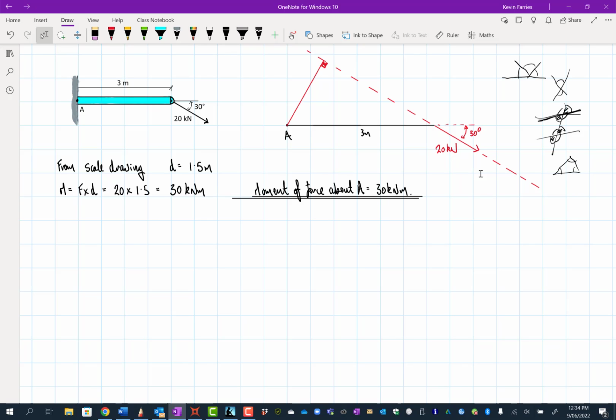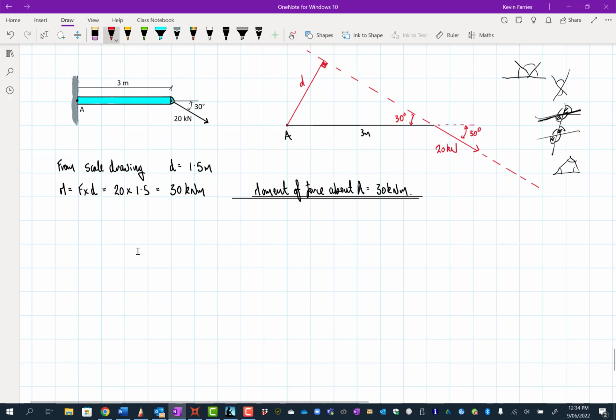You've got to think through those rules in your head. The one I can see here is we've got 30 degrees here. These two lines make a cross, they make an X, so it's the X rule. So this must also be 30 degrees. Let's mark that on. So now we're trying to find D.